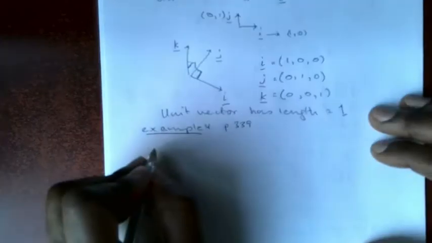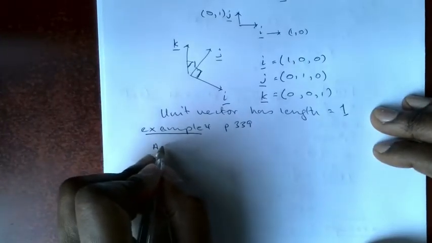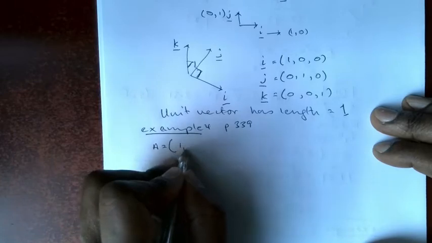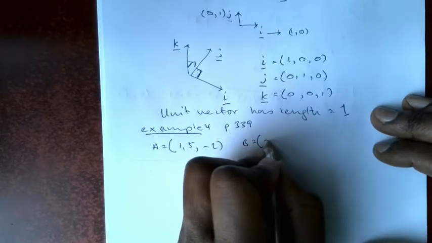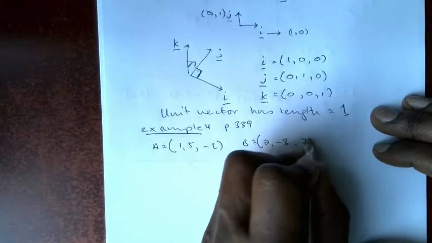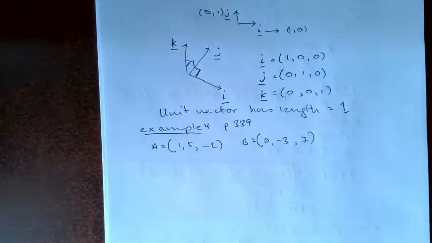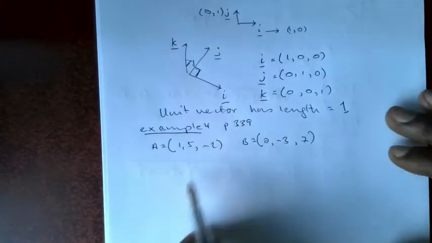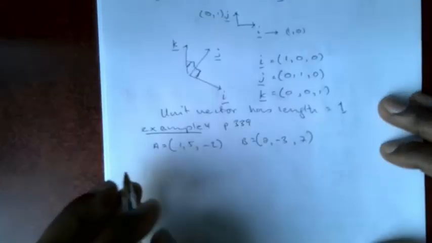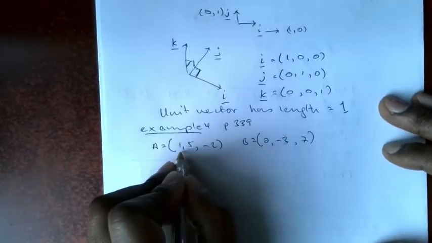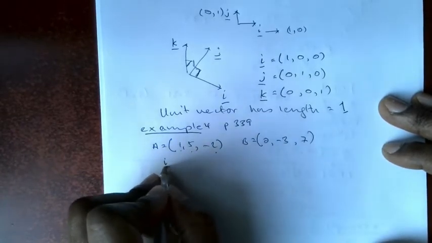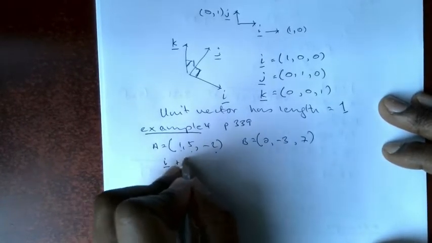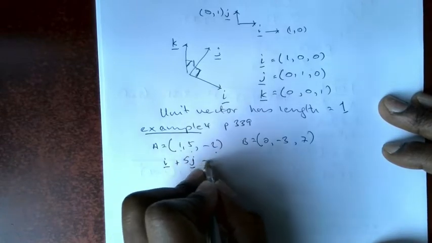It's got these 2 points, A, which has position 1, 5, minus 2, and B, which has position 0, negative 3, 7. And write the position vectors of these two using i, j, and k. Well, that's easy enough. So it's how many i's, how many j's, how many k's. So this one would be i plus 5j minus 2k.